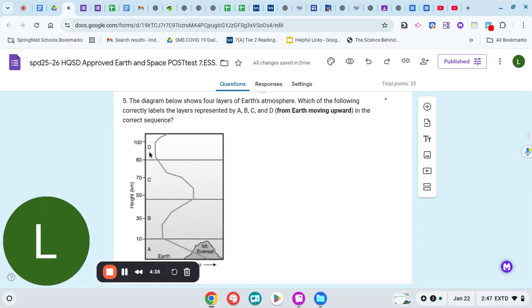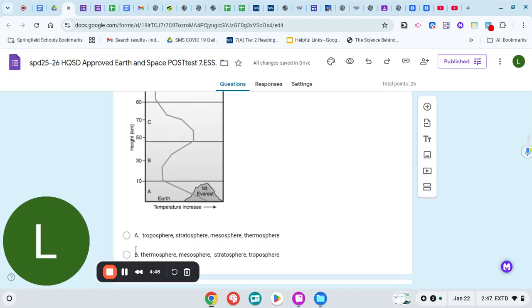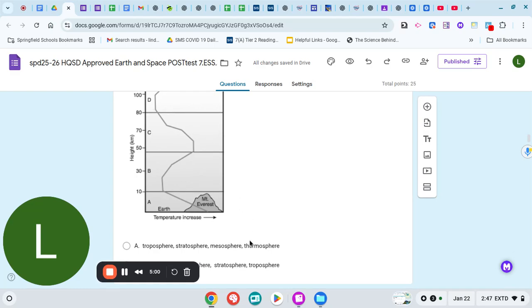They want to know what is the correct order of layers going from A to D. There's 2 choices. If you choose choice A, you're saying that A is the troposphere, B is the stratosphere, C is the mesosphere, and D is the thermosphere.